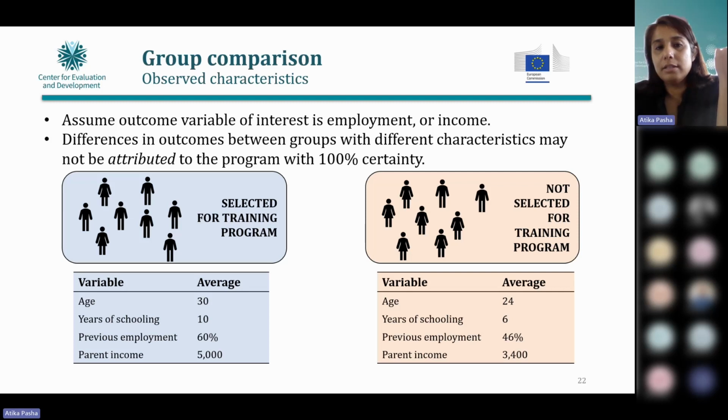Opposed to this group, we have the group that was not selected, and that could be a set of individuals who are younger, who have fewer years of schooling, who are therefore less qualified in general, have less experience with employment opportunities, and who are not necessarily coming from a well-off economic background. And this is basically creating systematic and visible differences between the two groups.